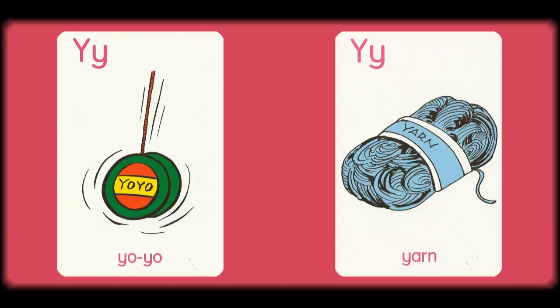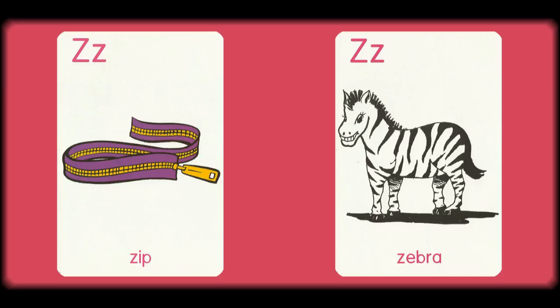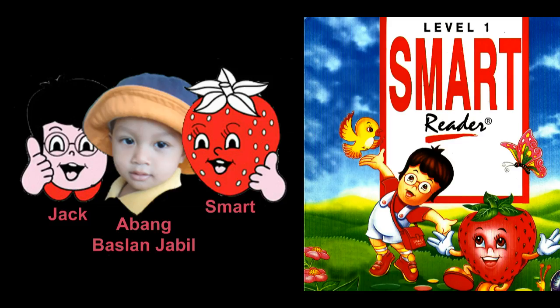Y, as in yo-yo and yarn. Y, yo-yo. Y, yarn. We have come to the last letter, Z. And Z sounds Z as in zip and zebra. Z, zip. Z, zebra. Wonderful, children!